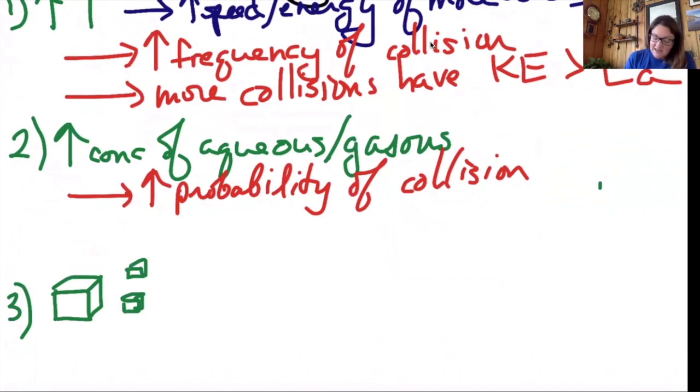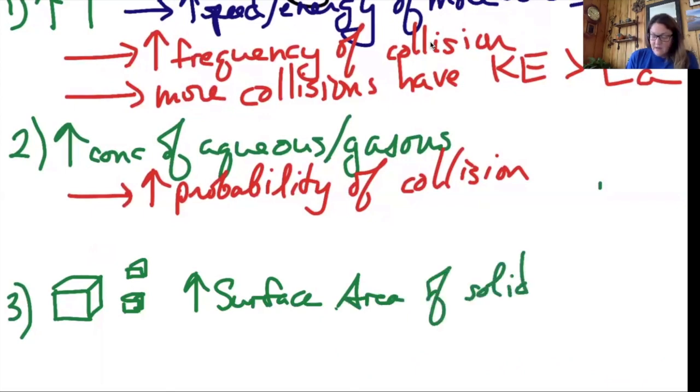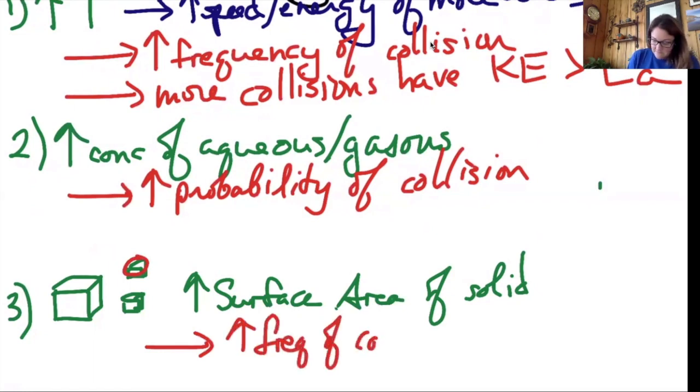The reason is I'm increasing the surface area of the solid. The consequence is that more of the surface is available for reaction. So I will increase the frequency of collision, or the probability of collision.